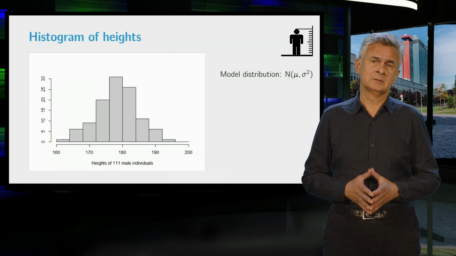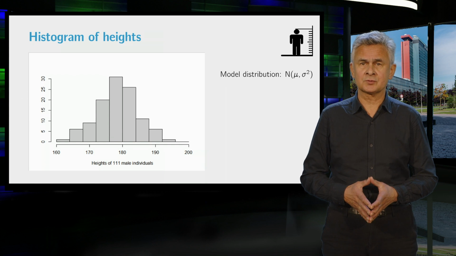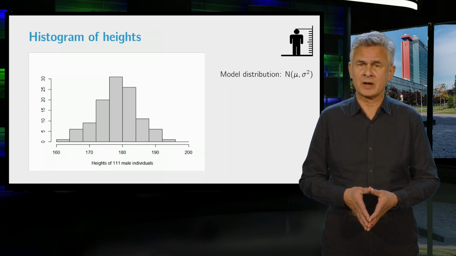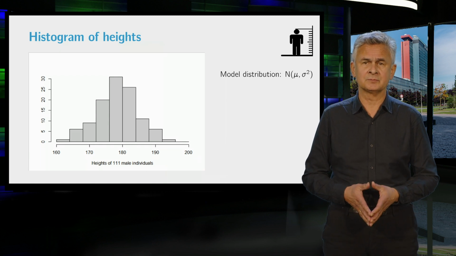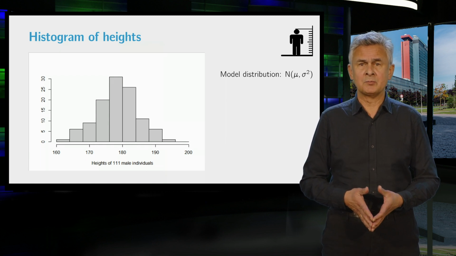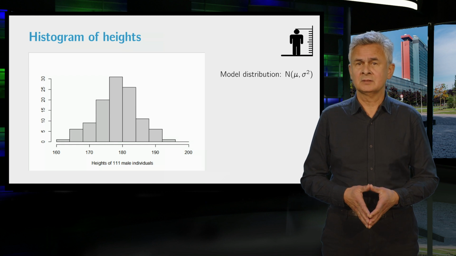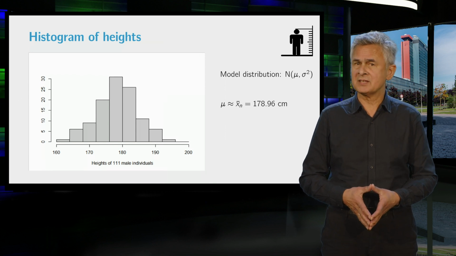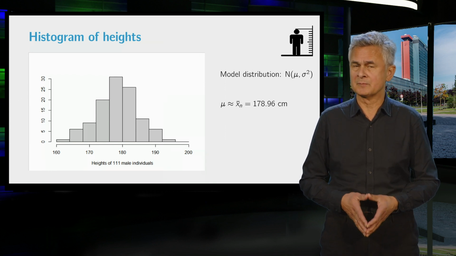Now, moreover, we can use our observations to determine reasonable values for the parameters mu and sigma squared of the normal distribution. Because the parameter mu is the expectation, the example earlier in this video shows that the average height, about 179 centimeters, seems a good choice for mu.